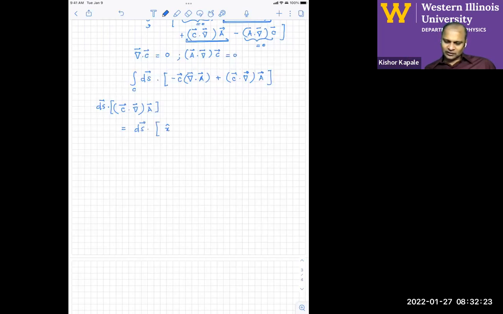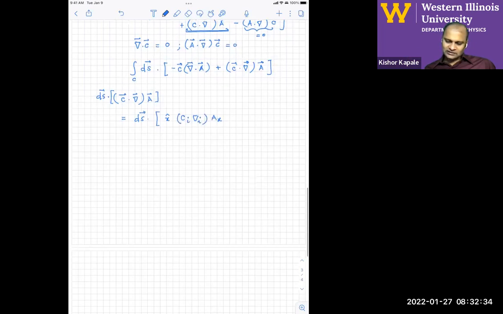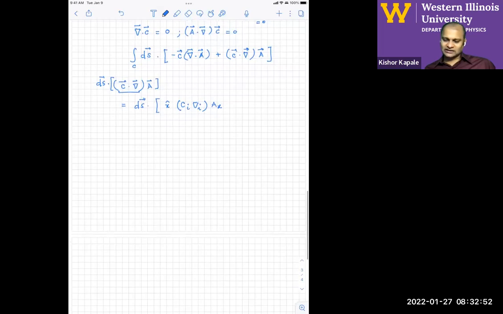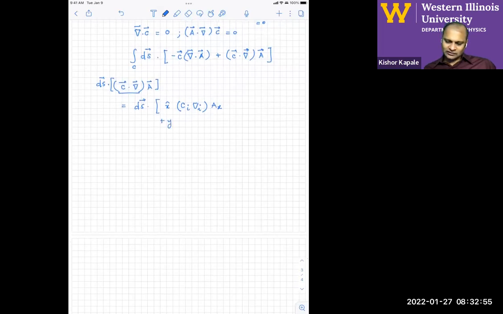So the x hat component of this is going to be C i del i applied to A x. Okay, everybody with me? C i del i, I assume the Einstein summation convention, because C dot del is actually a scalar and it would have 3 terms. It would have C x del x, C y del y, and C z del z, right? And then the y hat term is going to be C i del i, Einstein summation convention, do not forget.